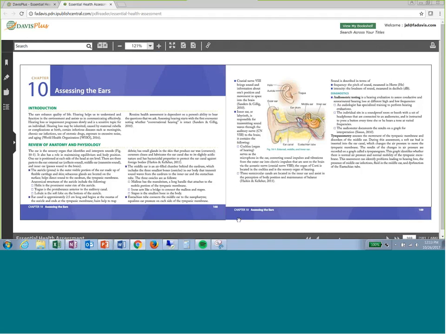Obviously, a book is not going to be able to do much about that, but what a book can do, and what this book does do, is present information in a consistent way so that you can teach your students to approach every patient the same way.